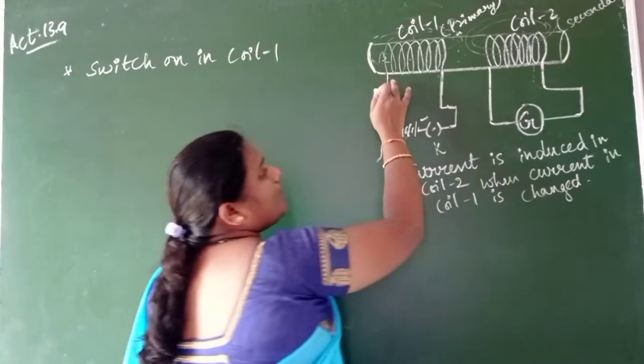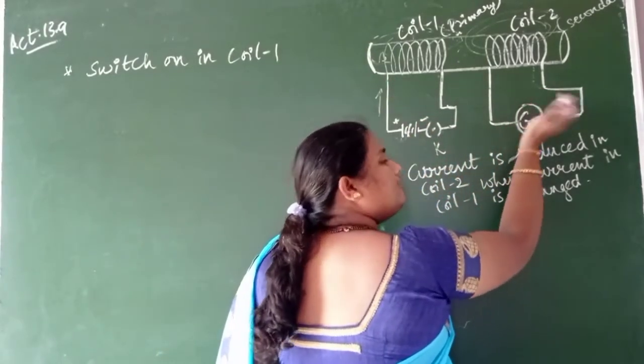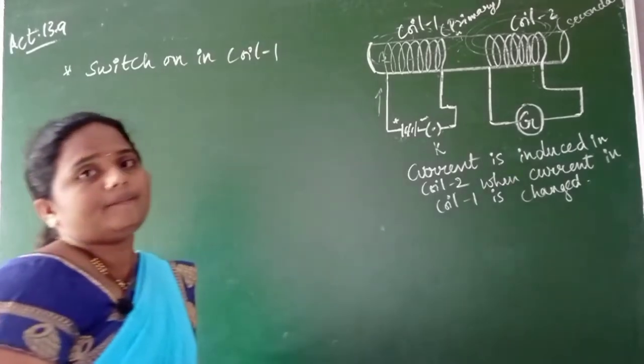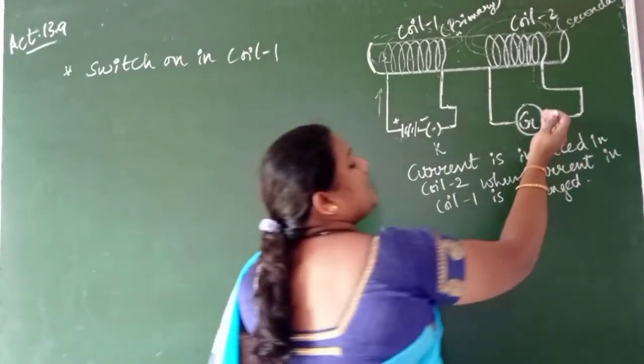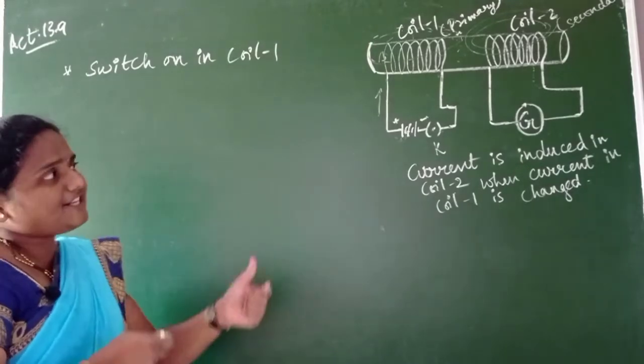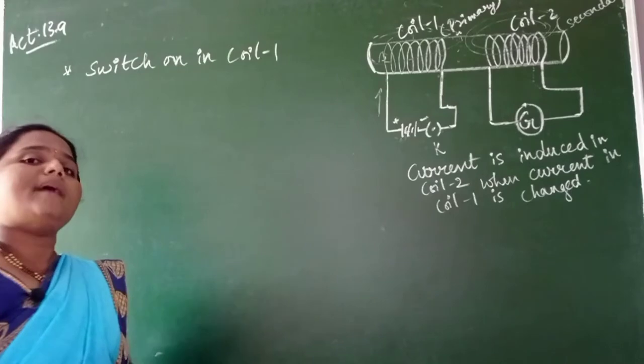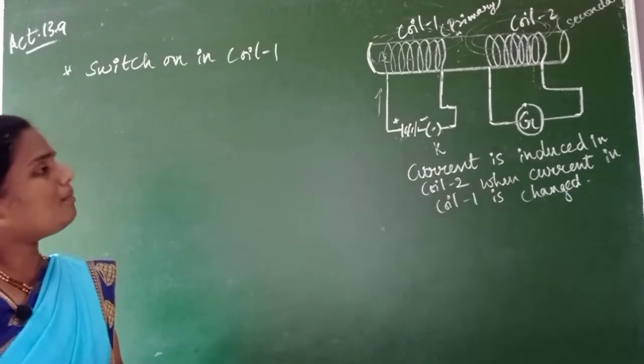When the current is flowing in the first coil, the needle starts deflecting to one side, and immediately it comes back to the zero mark, isn't it, children? It shows a small momentary deflection and then comes back to the zero mark.